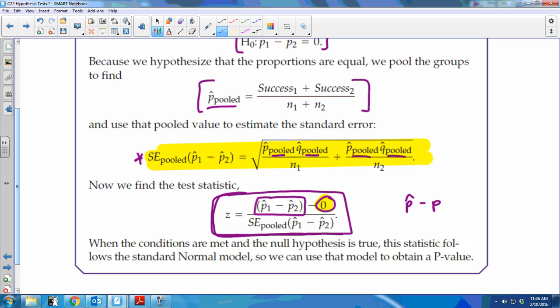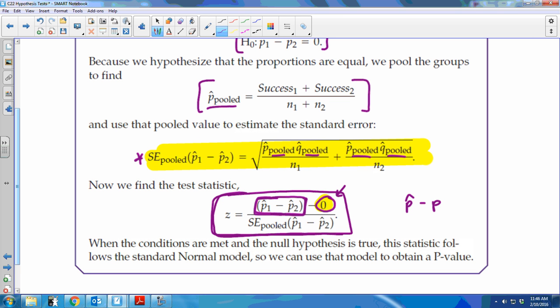And then to find z, we talked about it, it's the statistic minus the parameter over the standard deviation. So our statistic, we're talking about a difference in proportions. So our statistic is the difference in the two proportions. Again, it's the one time you actually use those two proportions in the test individually. Minus 0. Why is this a 0?